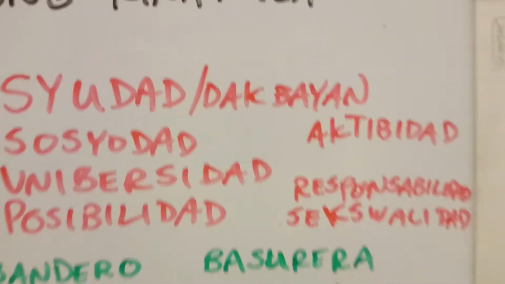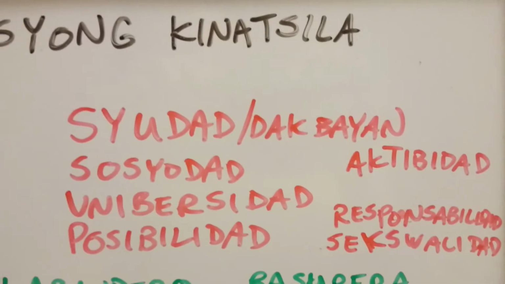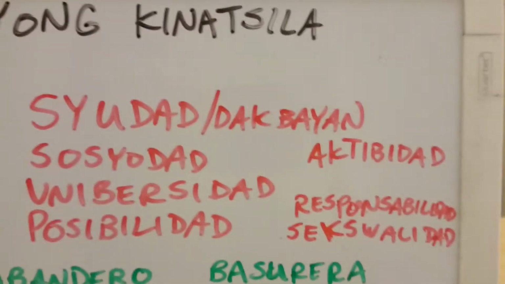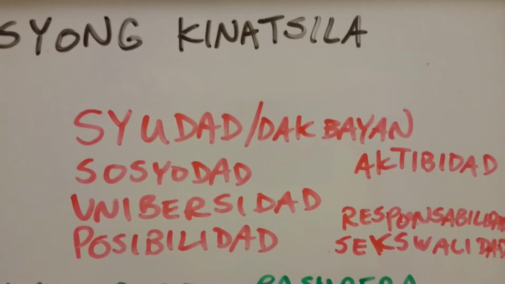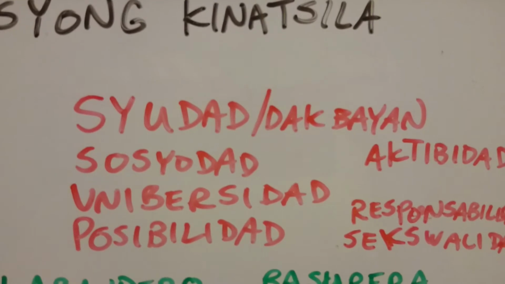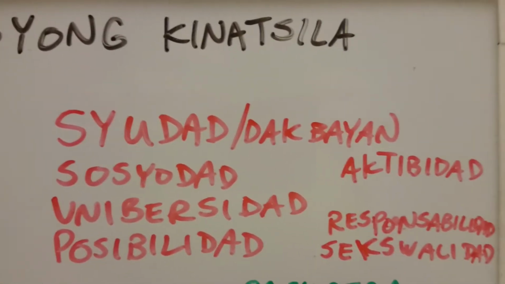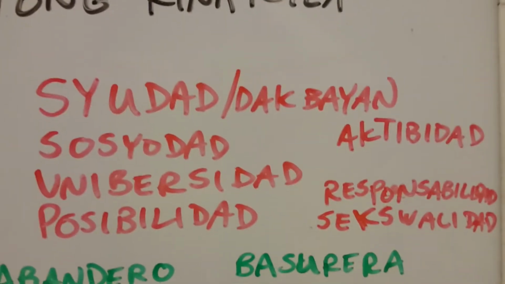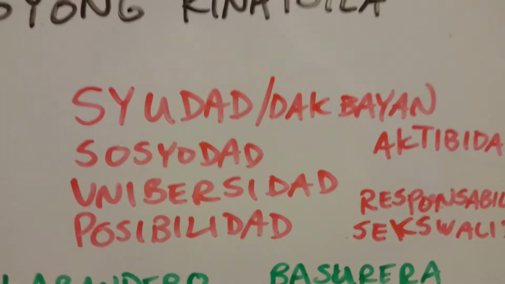For these examples here in red, the first one is ciudad. It means city, and there is also a Cebuano native word we can use, dakbayan.